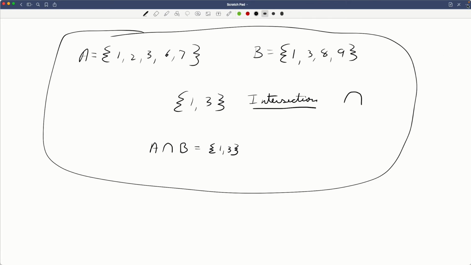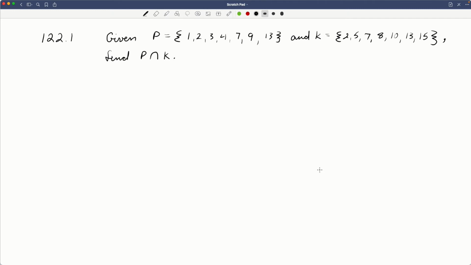So we have a practice problem with this. And let me write that down for us, because it's going to take me a minute. All right, so in this example problem, it says given that P equals 1, 2, 3, 4, 7, 9, and 13, and K equals 2, 5, 7, 8, 10, 13, and 15, find the intersection of sets P and K. All right, so the intersection of sets P and K is equal to, well, 1 is not a member of both sets, but 2 is, 3 is not, 4 is not, 7 is, 9 is not, but 13 is.